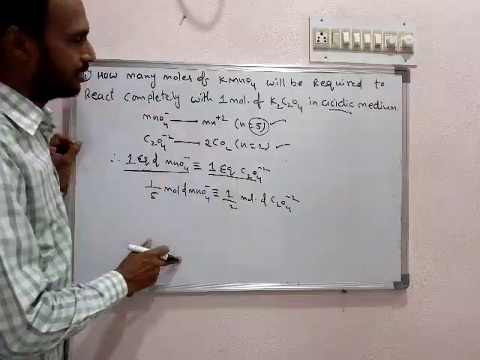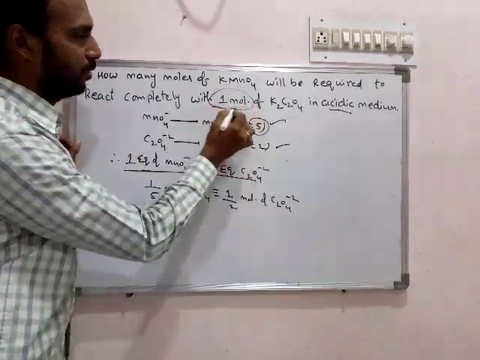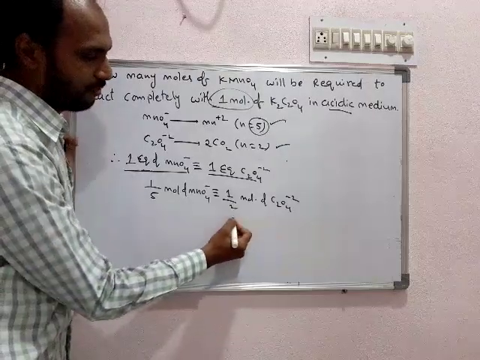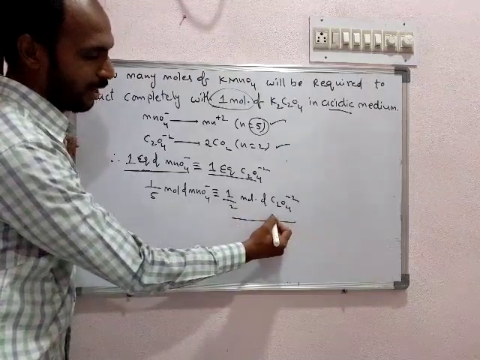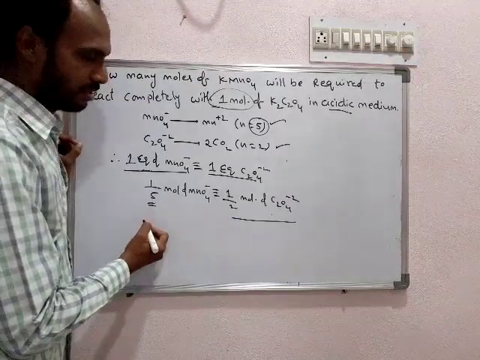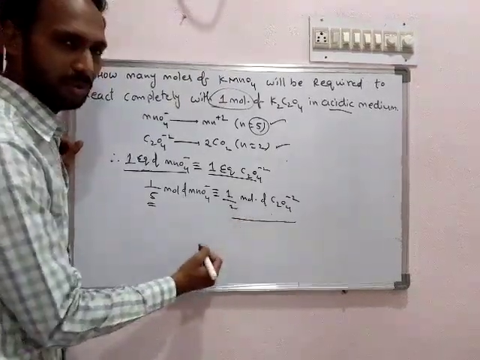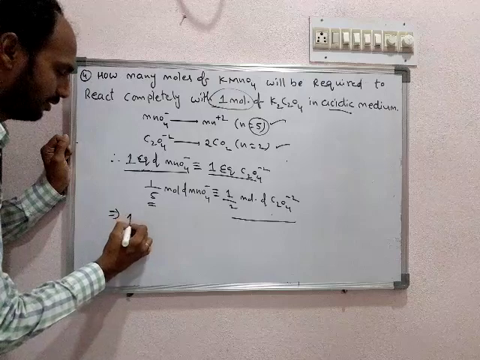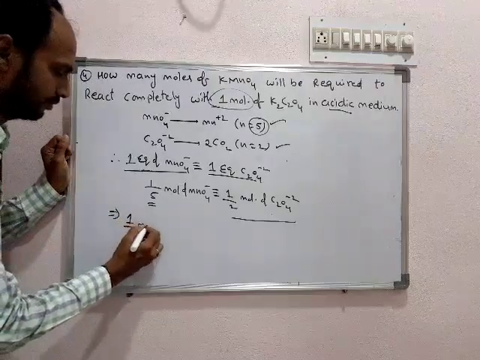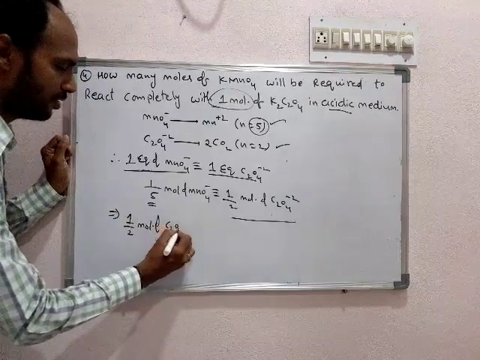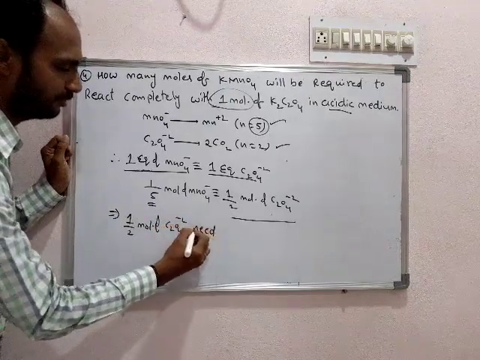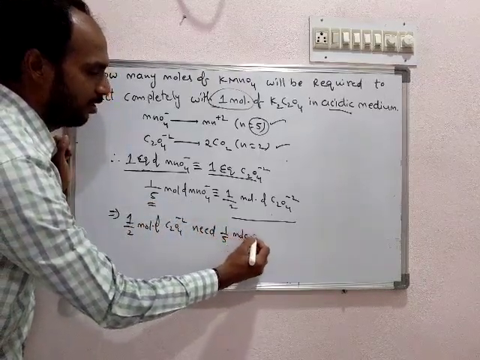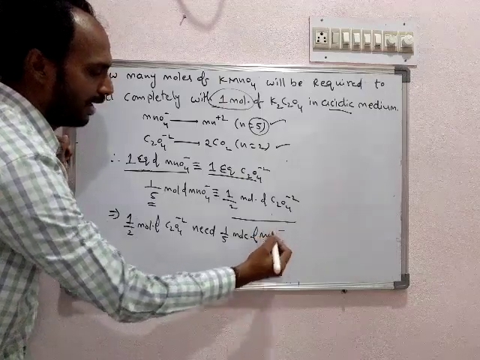But here the given terms are different. Here only 1 mole is given. According to this relation, 1 by 2 mole of C2O4 2- needs 1 by 5 mole of MnO4 minus.